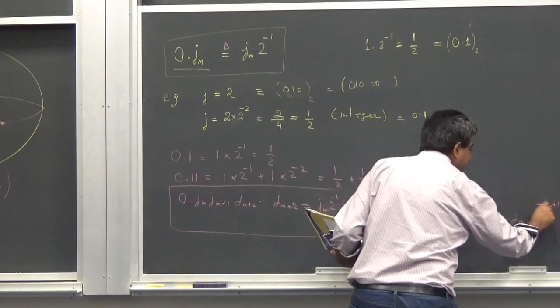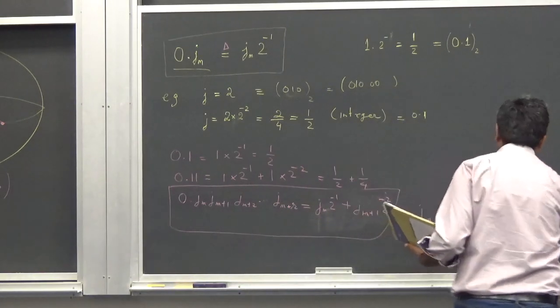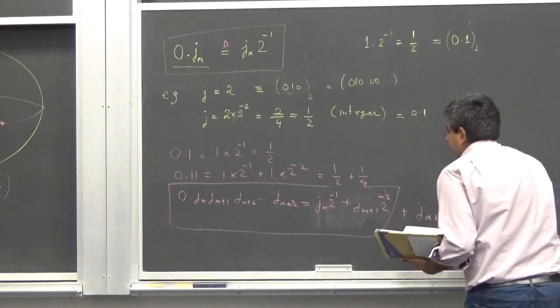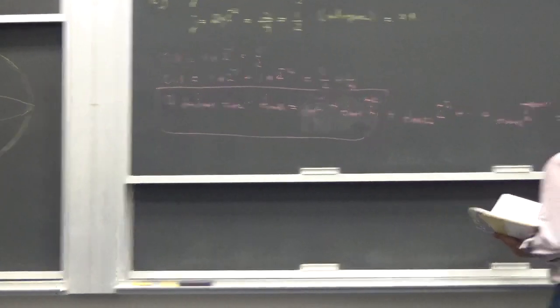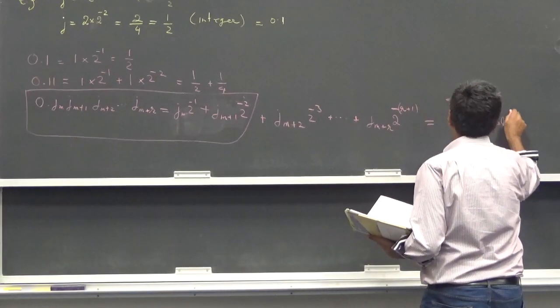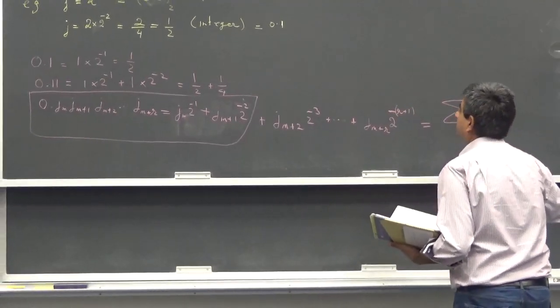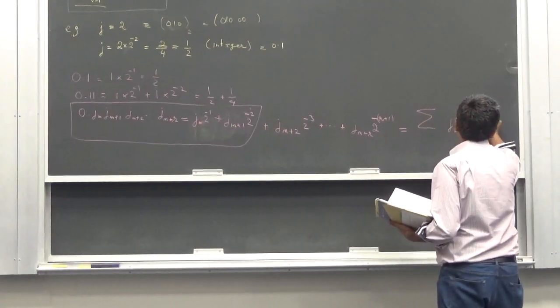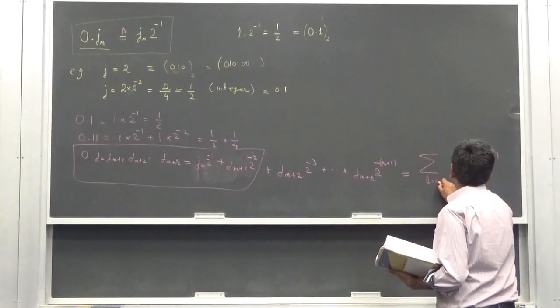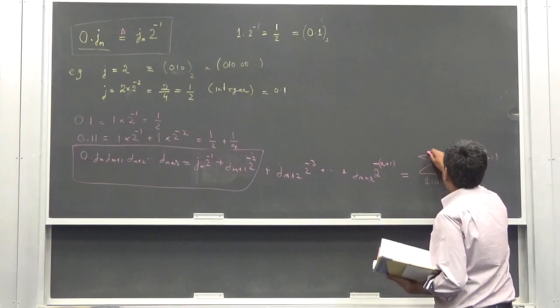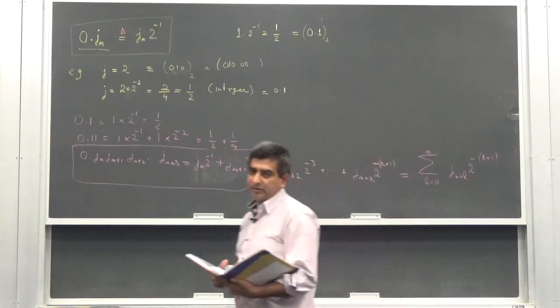That's right, in this fashion. Okay, so I can now generalize this. This is going to be equal to the sum of Jm plus l 2 raised power minus l plus 1, where l goes from 0 to r. Okay, this is the formula.